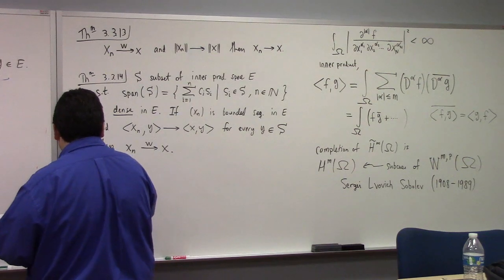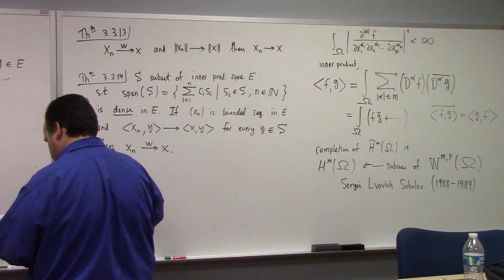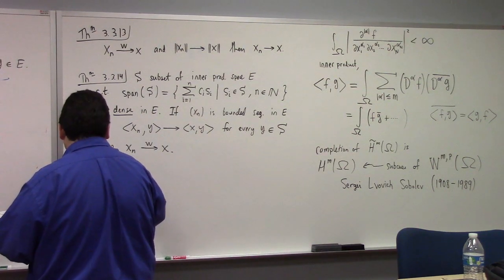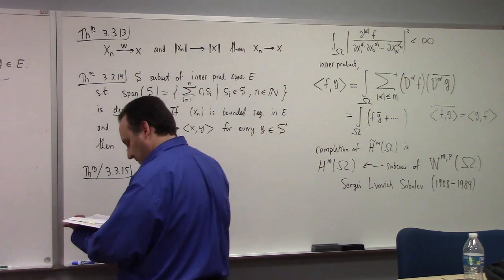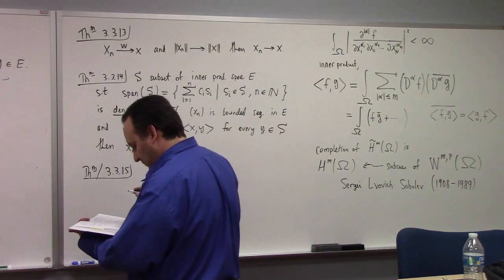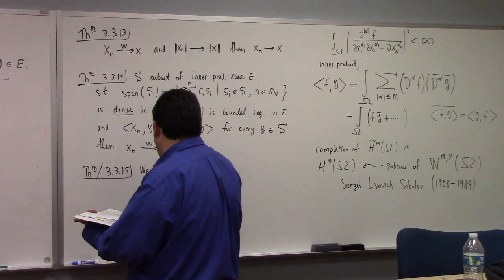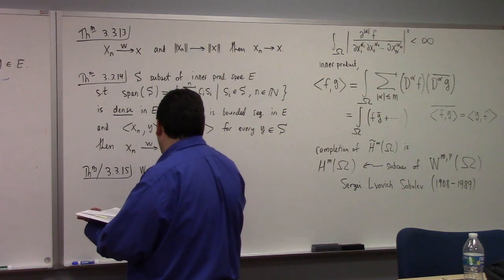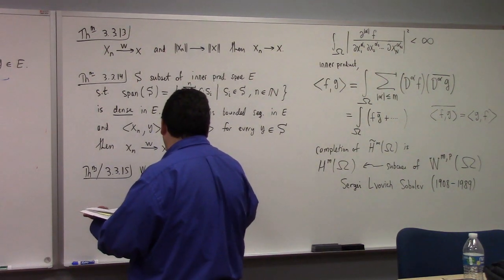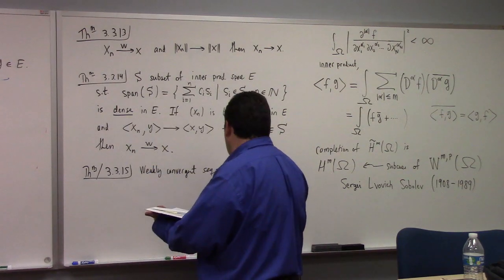So theorem, I'm going to skip that proof. Not that it's too hard for us. I just, something has to give. 3.15. Weakly convergent sequences in a Hilbert space are bounded.